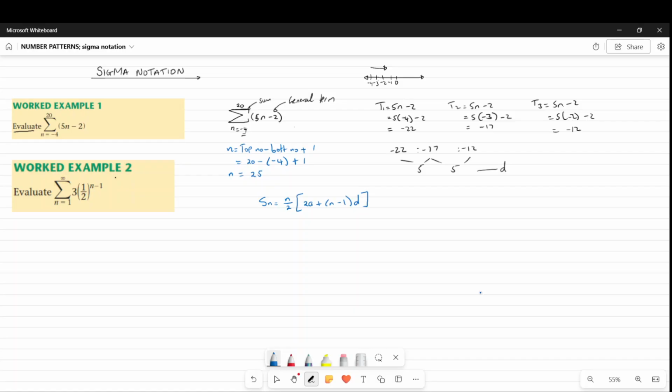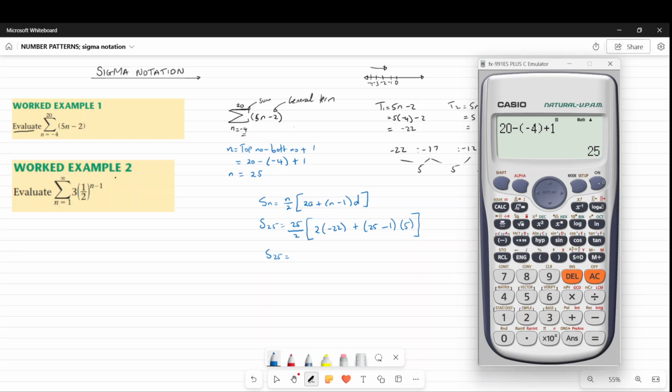So S25 is equal to 25 all over 2 square bracket 2 times a, where a is the first term, -22, close bracket plus open bracket n, which is 25, minus 1 close bracket times d, and d in this scenario is 5, close bracket square bracket. Now S25 will be equal to, so let's punch this in.